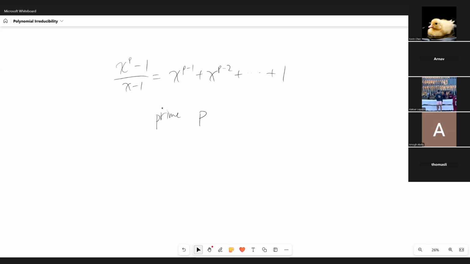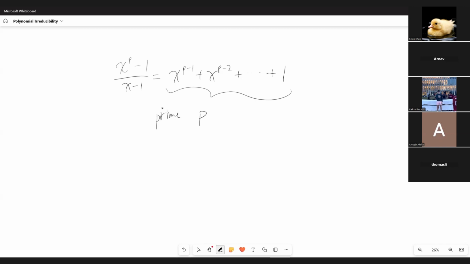This is a really famous example that was found by Gauss, I think, but obviously, Eisenstein's criterion can't be directly applied to this polynomial because all the coefficients are 1.